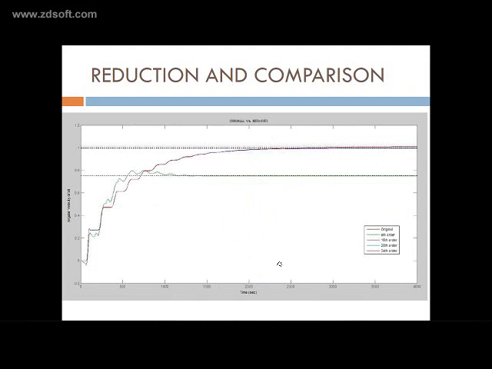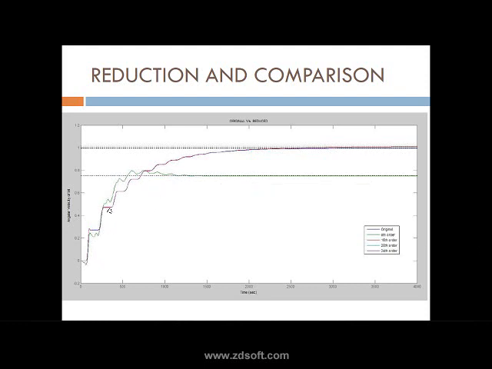Here is the comparison between the original system and all the reduced order models. The green graph here shows the step response of the 8th order model obtained from the original system. It clearly shows that this cannot consider all the dynamics of the system.